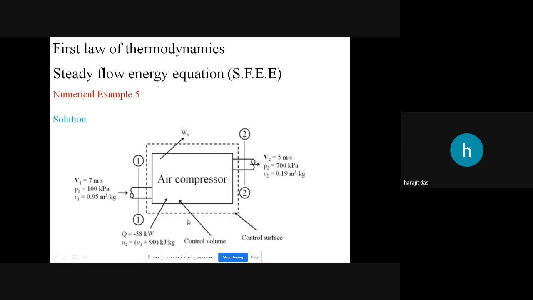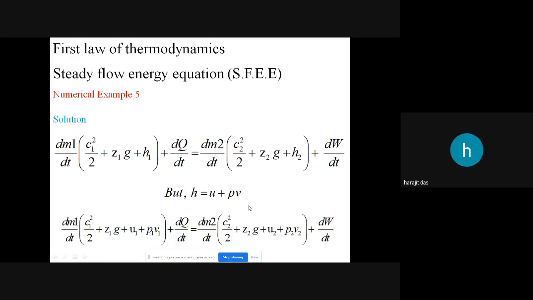Okay, let's see. This is the control volume, means this is the open system, and the boundary of the system is the control surface, through which the heat and work interact. Now, what was our formula? Our formula was this one, dm1 by dt.